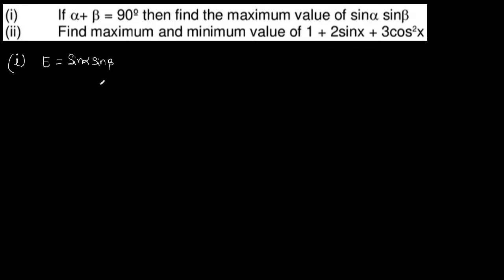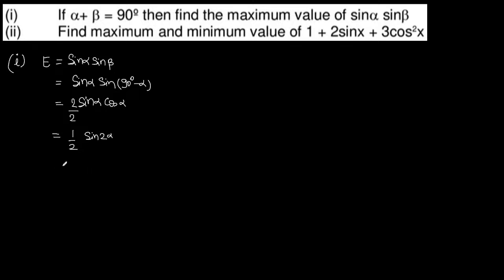Now can we write beta as 90 degree minus alpha? Can we say that it is sin alpha cos alpha? Similarly, if you divide and multiply by 2, can we say that it is 1 by 2, 2 sin alpha cos alpha is sin 2 alpha.